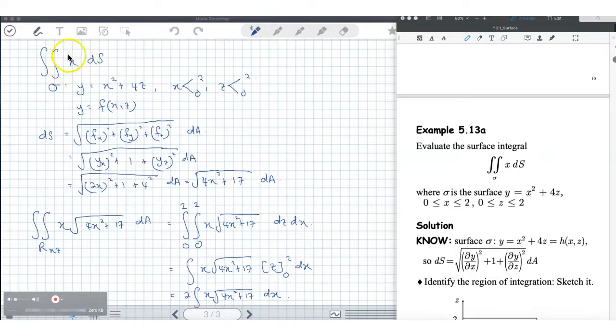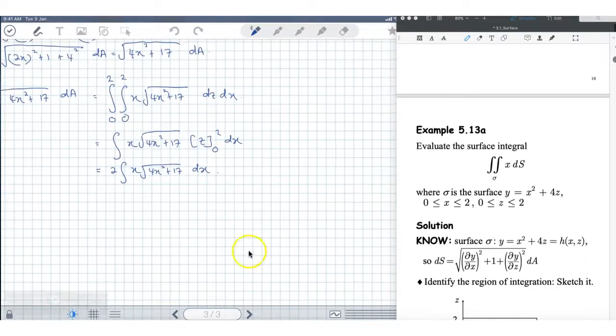If you check your integrand here, it is already in terms of x and z, so no y, and then we can proceed. Otherwise you have to replace the y. Hopefully you're clear with that, otherwise you will get stuck.